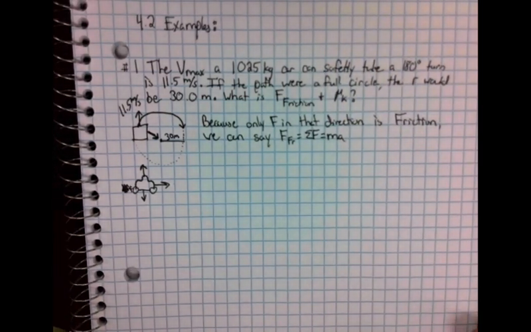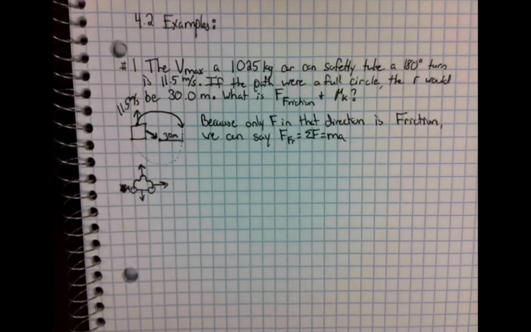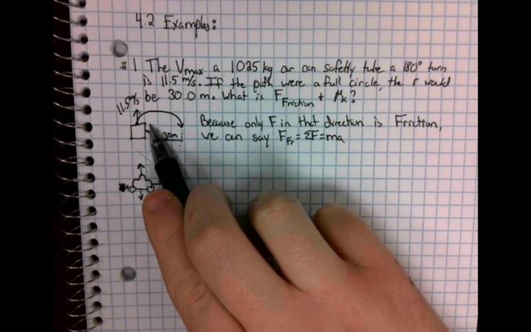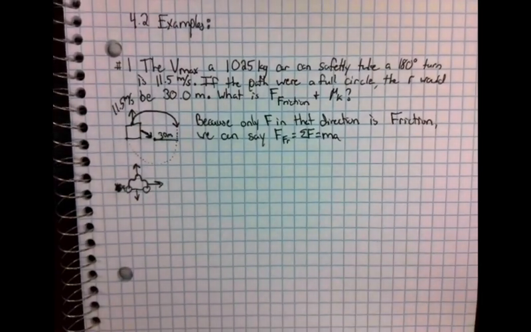We know it's the only force acting on it to carry it around if it's going at a constant speed, so it must be equal to ma. And again, there are no other forces acting inward. This is the direction our acceleration points, which means that's the direction that our force is going.